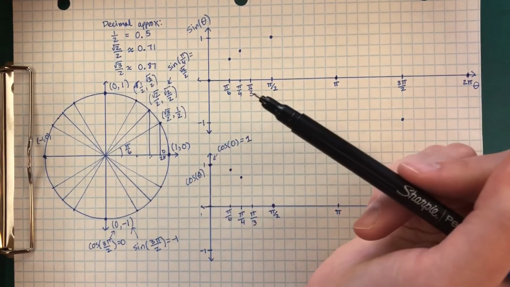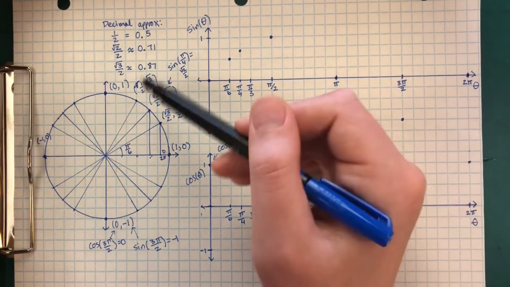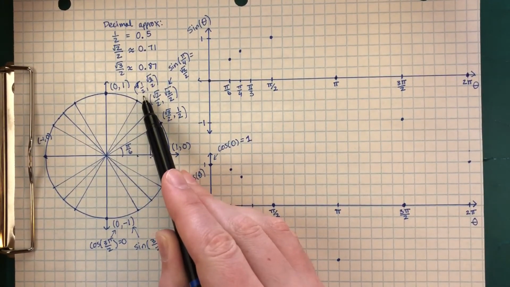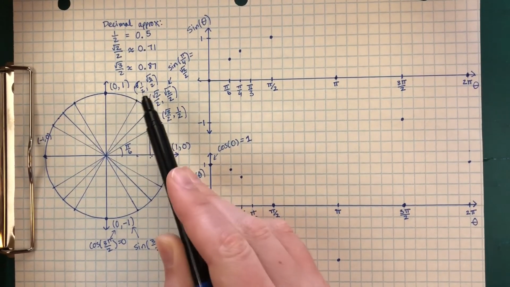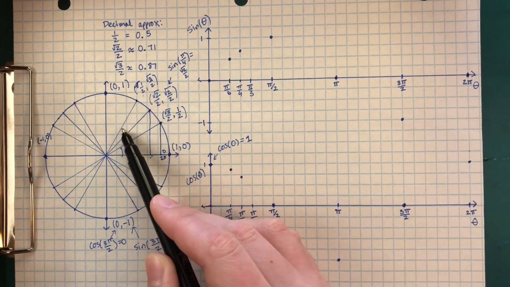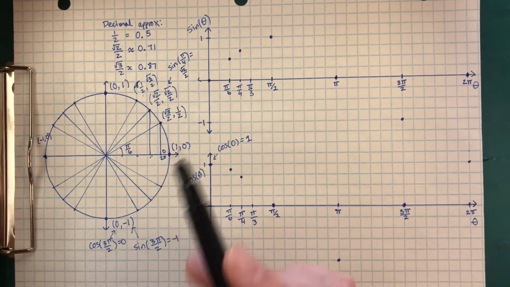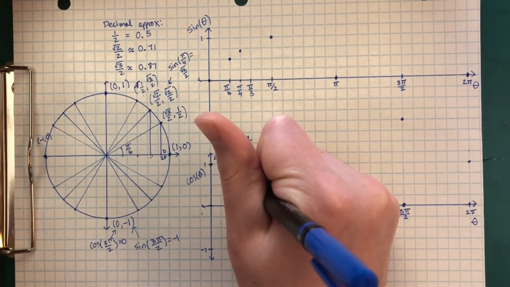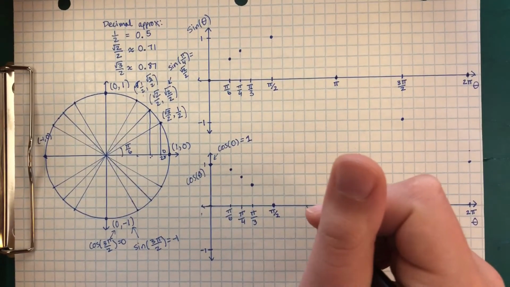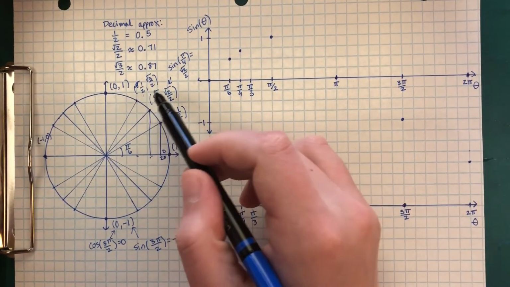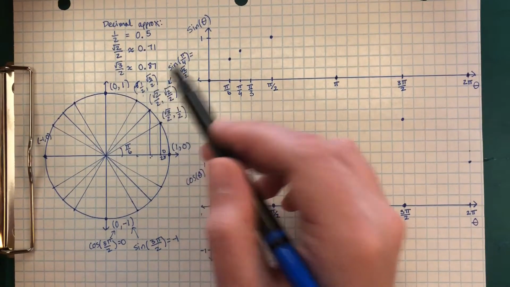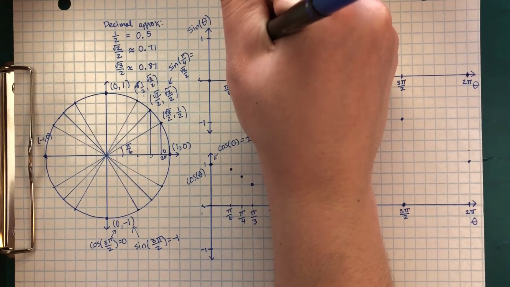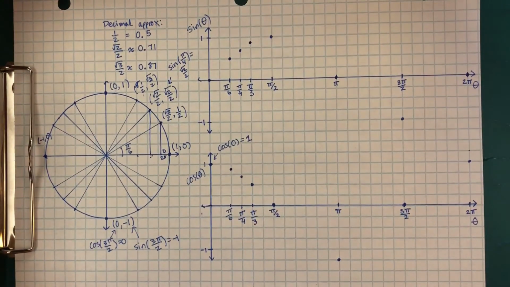So this 1/2 corresponds to the cosine, because it's the x-coordinate, of this angle, which is pi over 3. The cosine of pi over 3 is 1/2. And the sine of pi over 3 is 0.87. There we go.